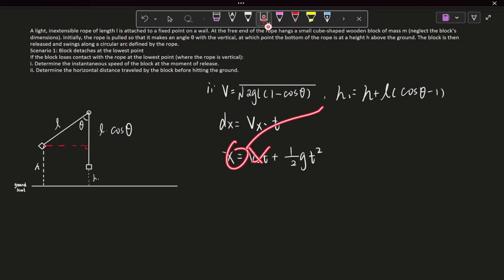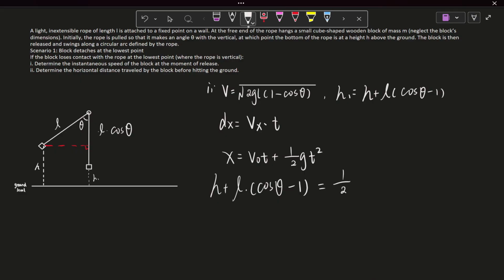And x is just your h1. So now let's plug in the values. h plus L times (cosine theta minus 1) is equal to 1/2 gt squared, from which we get t is equal to the square root of (2h plus 2L times (cosine theta minus 1)) over g.